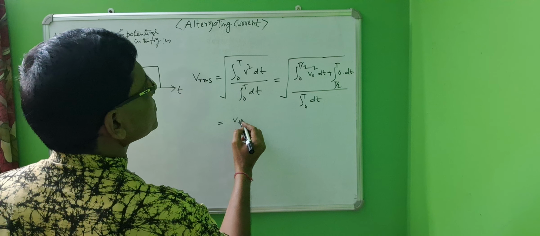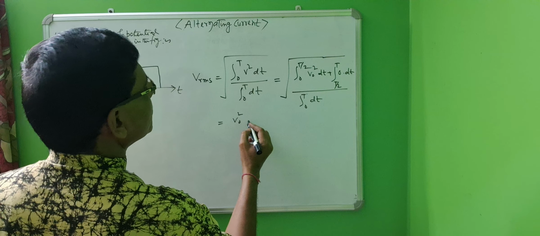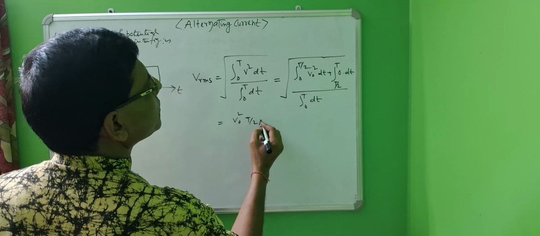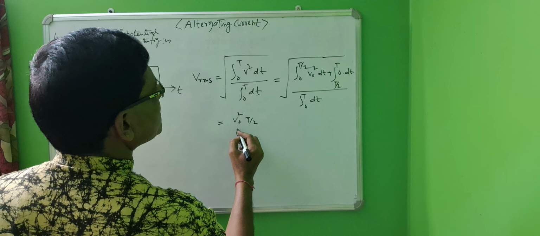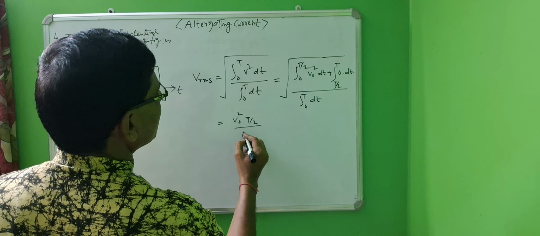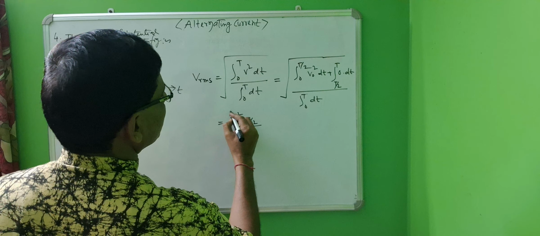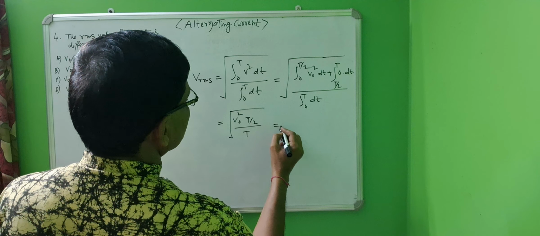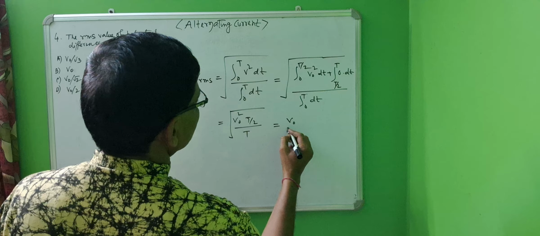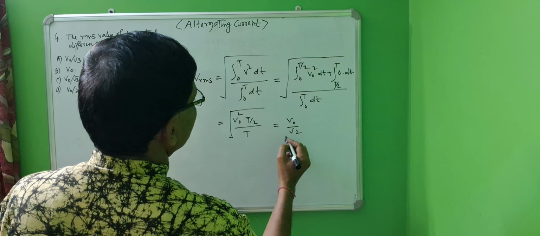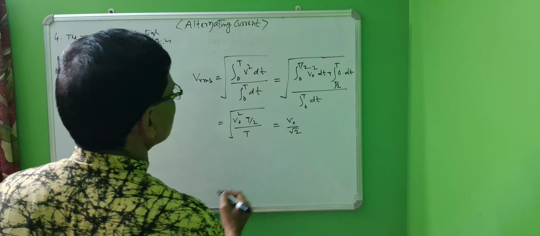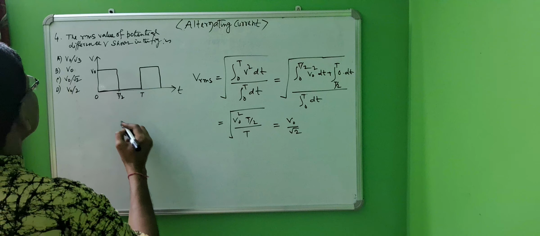So here V0 square into T by 2, divided by T, gives V0 upon root 2. So answer C.